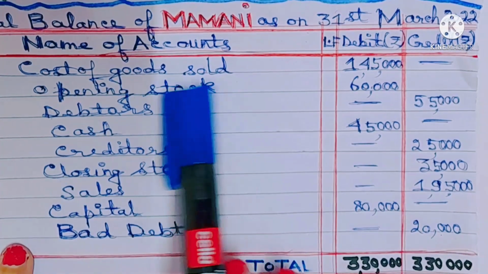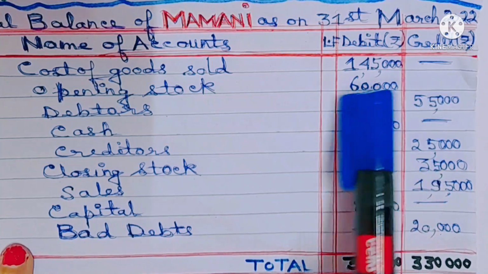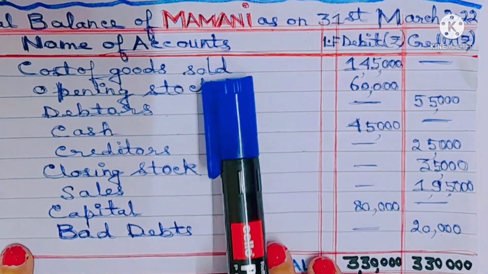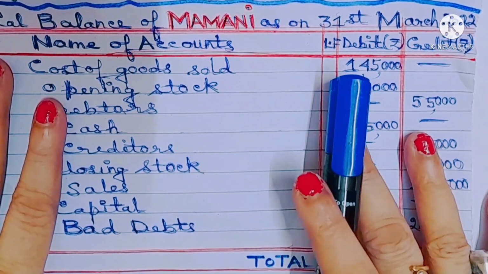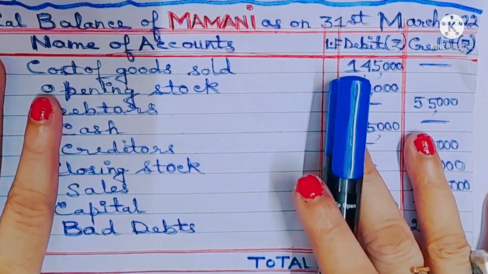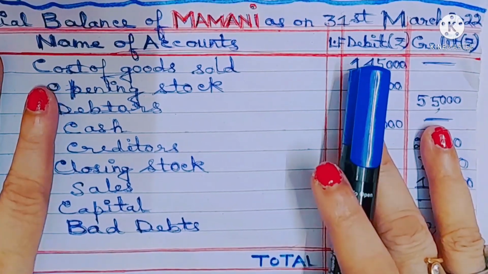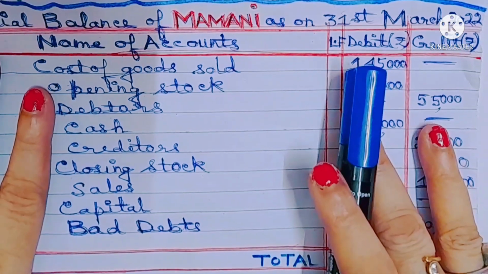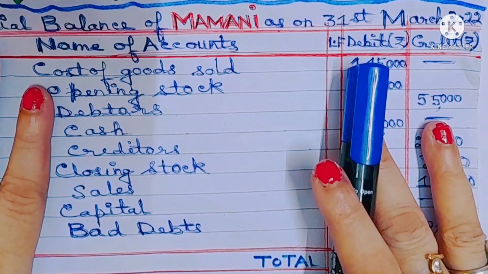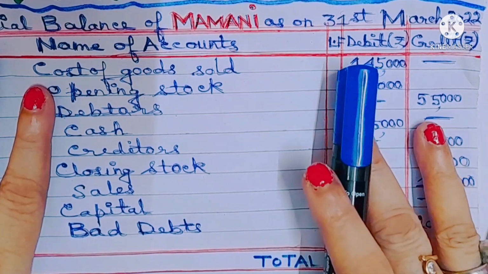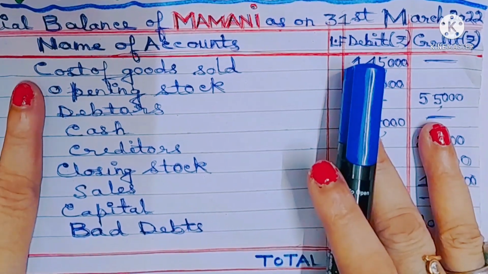The first account is cost of goods sold, 1,45,000. So what is cost of goods sold? The expenses involved in producing, purchasing, processing and delivering a sold product is known as cost of goods sold. In other words, cost of goods sold includes only the cost it took to make the products that sold for the year.